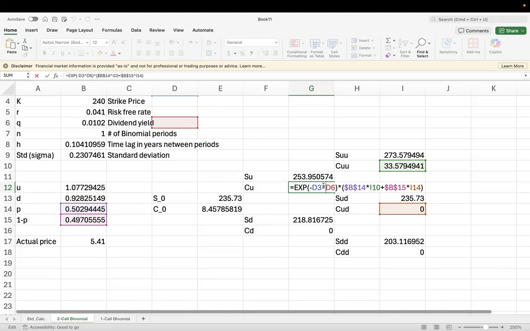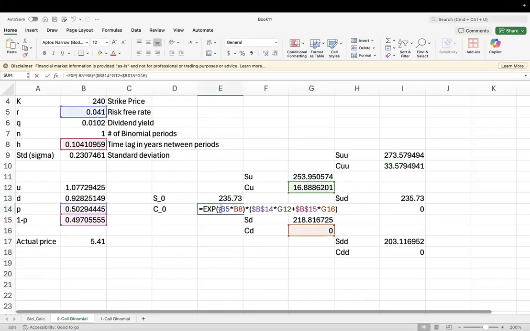And then take everything and just calculate. Oh, I made a mistake here. I should have fixed maybe these things. Negative B5.